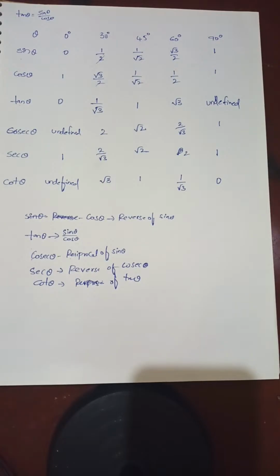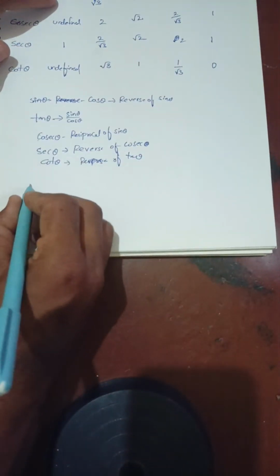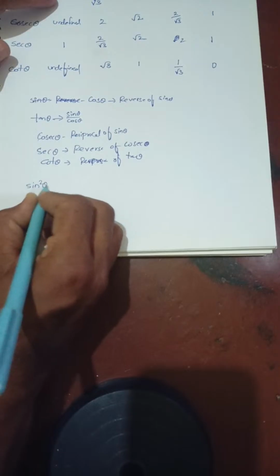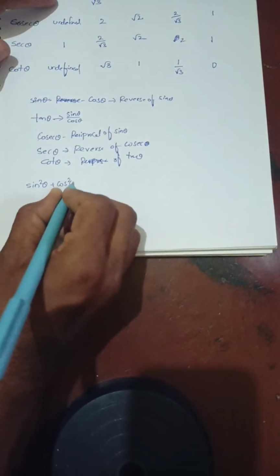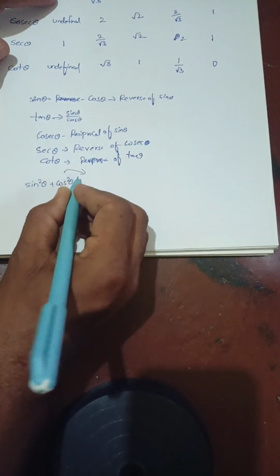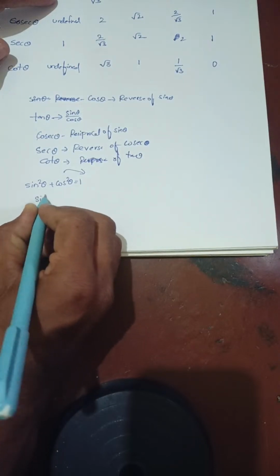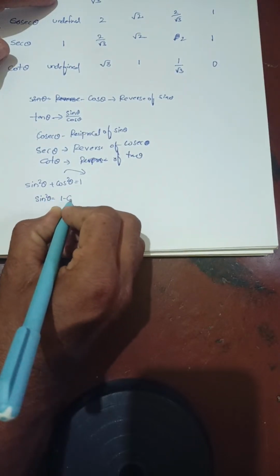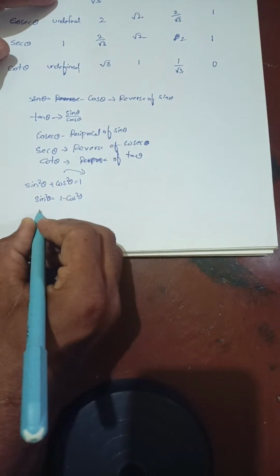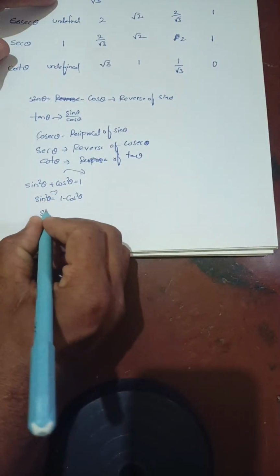Yes, by using the trigonometric identities we can write some of the other formulas also. So I'll write those identities. Sin square theta plus cos square theta is equal to 1. If you take plus cos square theta to the right hand side, sin square theta equals 1 minus cos square theta. So square goes right hand side, becomes root.